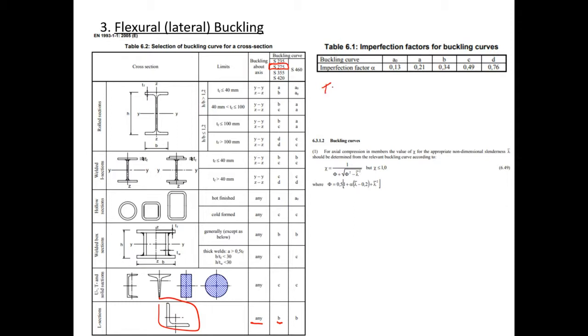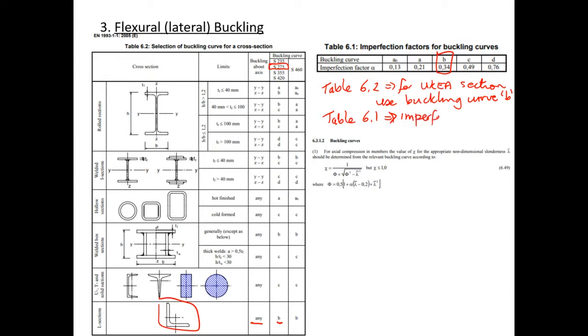Okay, so table 6.2 implies for UK equal angle section, use buckling curve B. Okay, and then if we're using buckling curve B, then table 6.1 implies that the imperfection factor alpha is equal to 0.34.